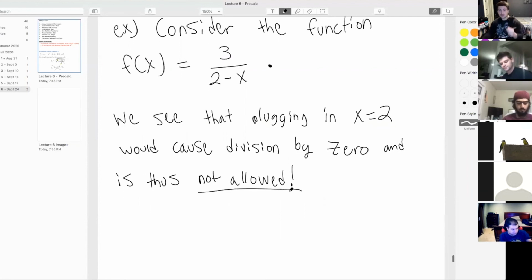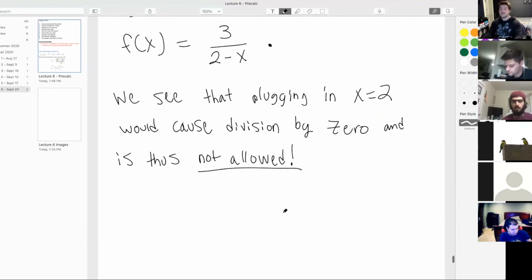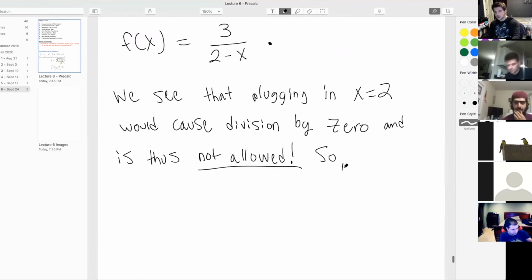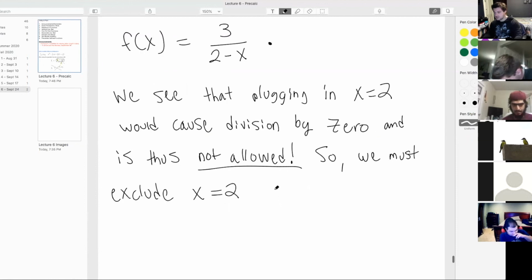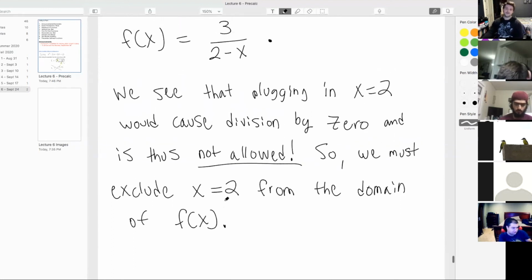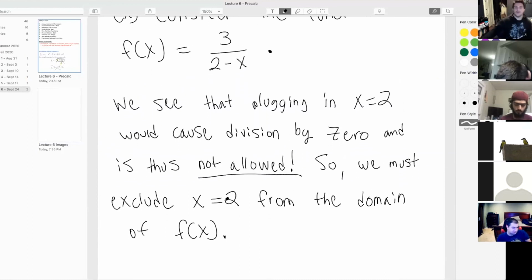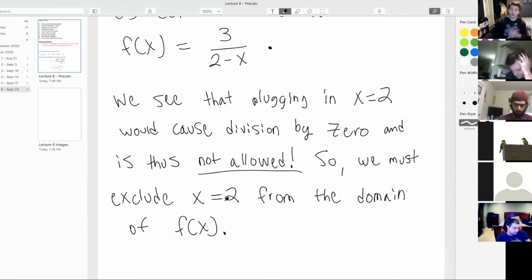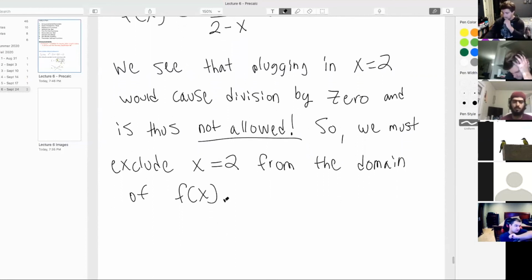We don't want to allow 2 to be an input for this function, so we must exclude x equals 2 from the domain of f of x. x equals 2 is bad because it would cause us to do 3 divided by 0, which is not allowed.